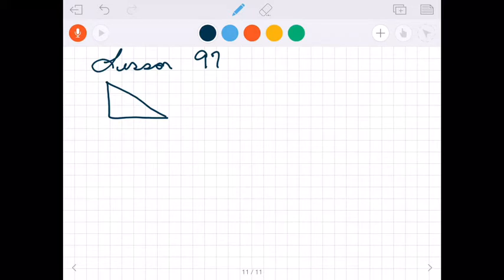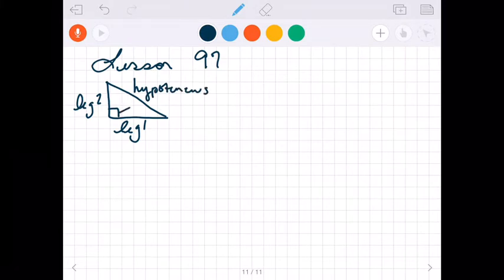So the three parts of a right triangle, and I'm going to show this as a right triangle by putting a square there. This is leg 1. This is leg 2. And this is the hypotenuse.